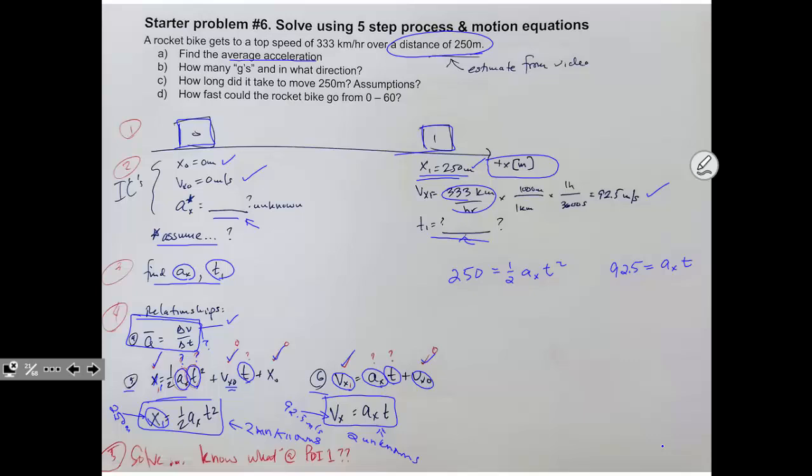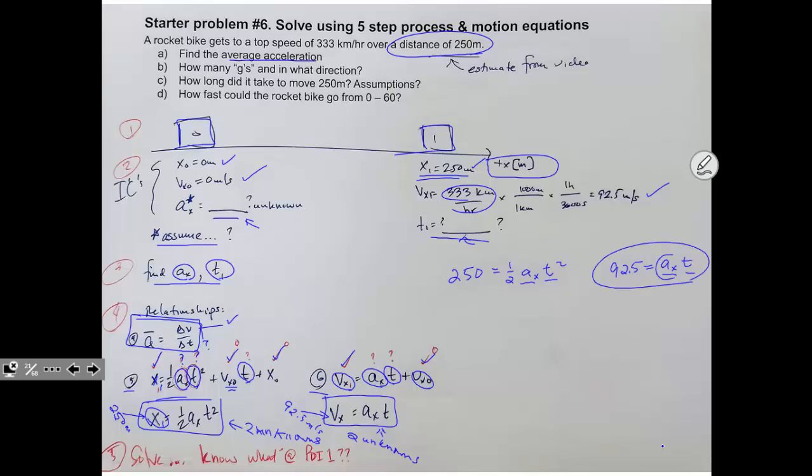So I've got 250 equals 1/2 of 92.5 over T times T squared. Nice thing is one of our T's cancels here. So if I do a little bit of math here, I'll multiply both sides by 2. So I've got 500, and I'll divide by the 92.5 equals, there's my time.